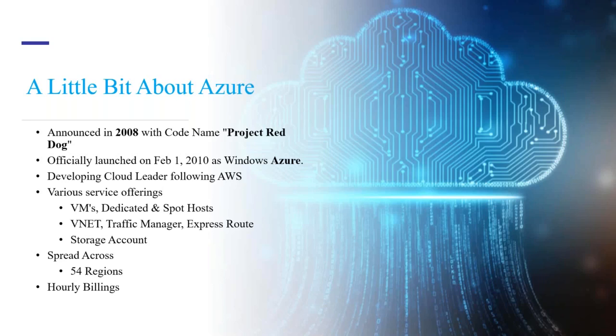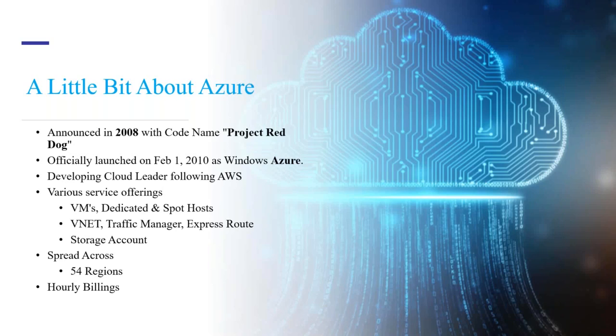Microsoft Azure is offering various services like VMs, dedicated spot hosts, VNets, Traffic Manager, ExpressRoute, storage accounts. Around 250 to 300 services Microsoft is offering, and Microsoft regions were broadly 54 regions.